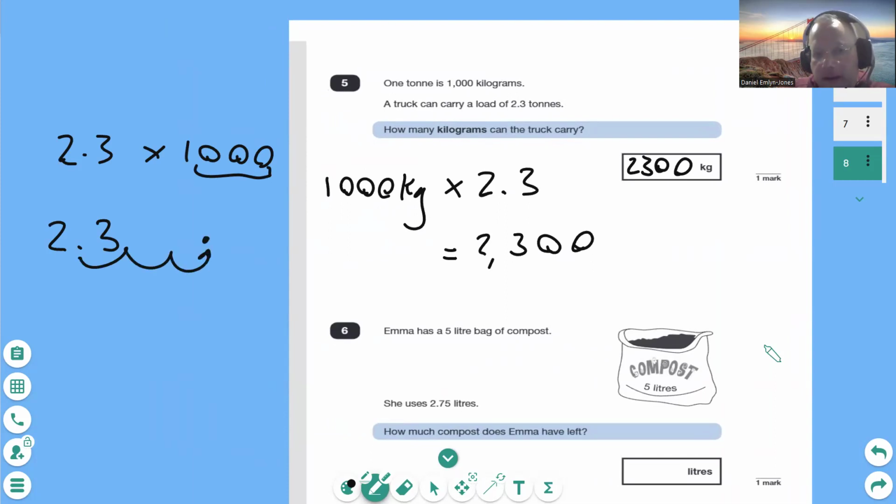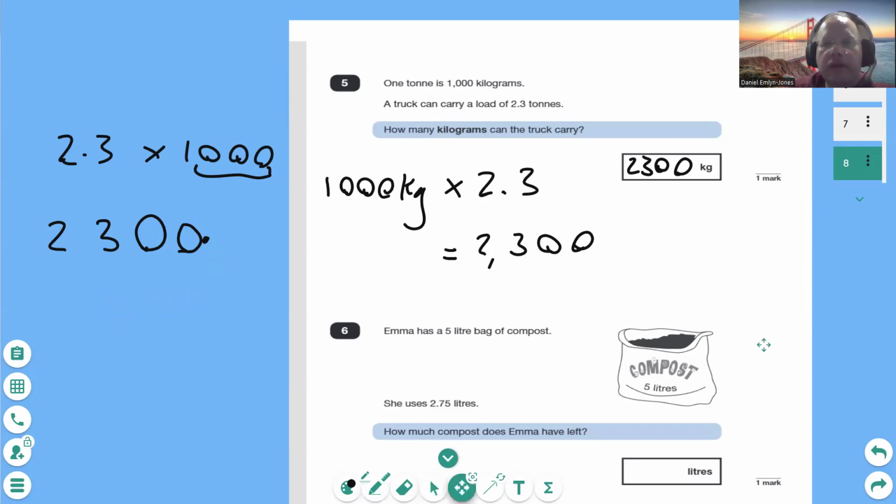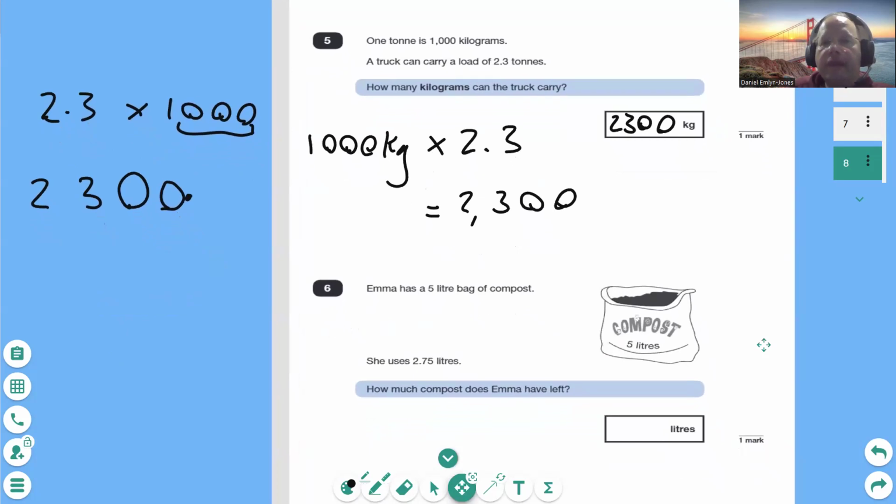And then the zeros fall into these little loops like marbles, you see? And then you've got the answer. Take away the decimal point. 2,300. Great. So, yeah. When you multiply by 10, 100, 1,000, or divide by 10, 100, 1,000, the decimal point can just go hop, hop.